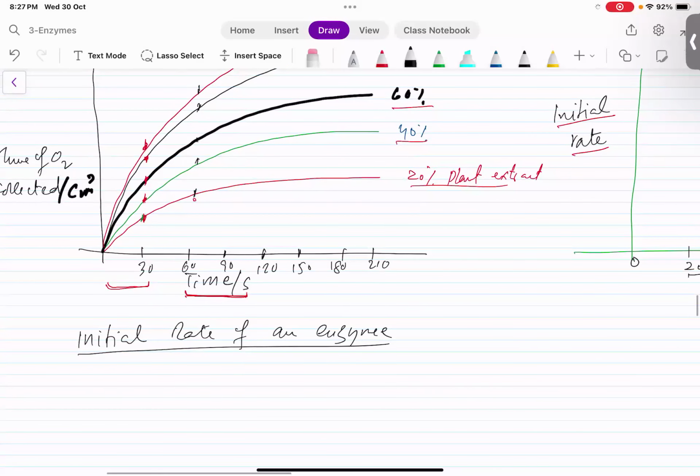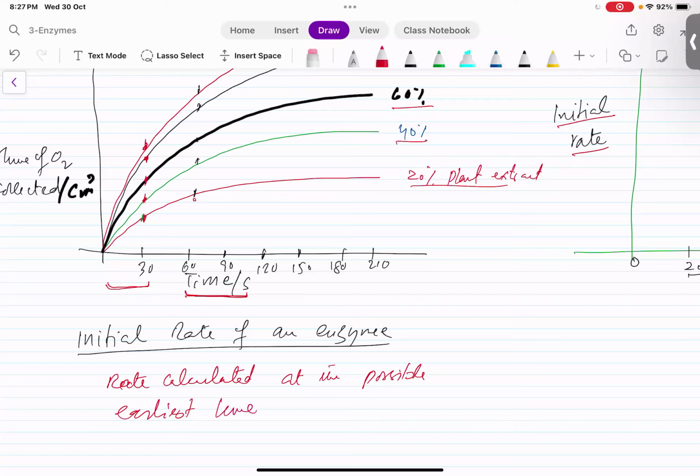Okay, so the rate calculated at the earliest possible time where the measurement could be made is known as an initial rate of an enzyme action.